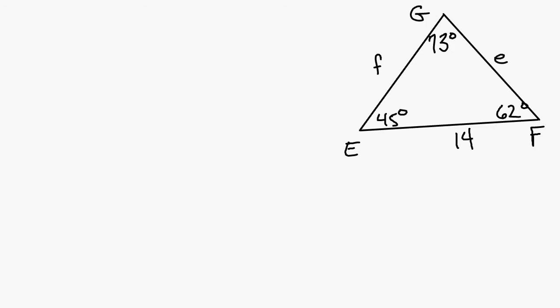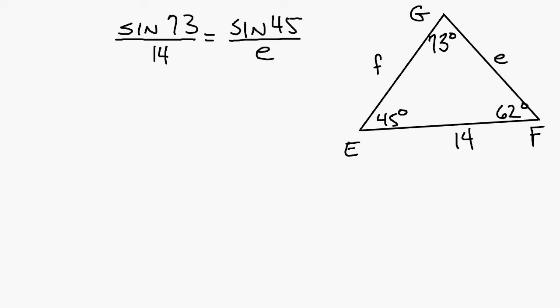Now you're going to use those ratios that we just talked about. And let's start off by solving for side E first, because it comes before F in the alphabet. So, by rule, sine 73 divided by 14 is equal to sine of 45 divided by E. You're just setting up a proportion.